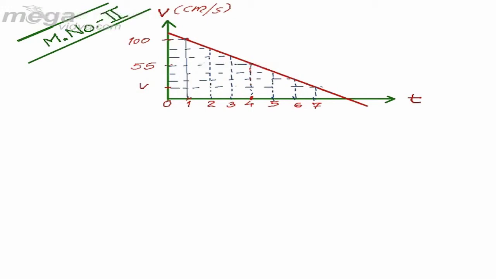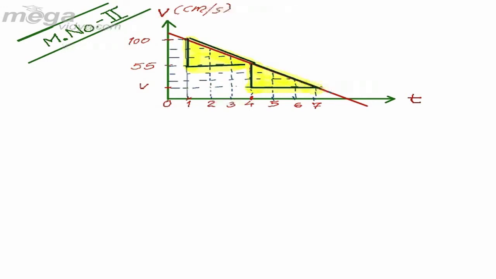This is the perfect curve for the particle for which we are doing this analysis. Just take this triangle and one more triangle, which is this triangle. If we analyze these two triangles here, one is this triangle and other is this one.